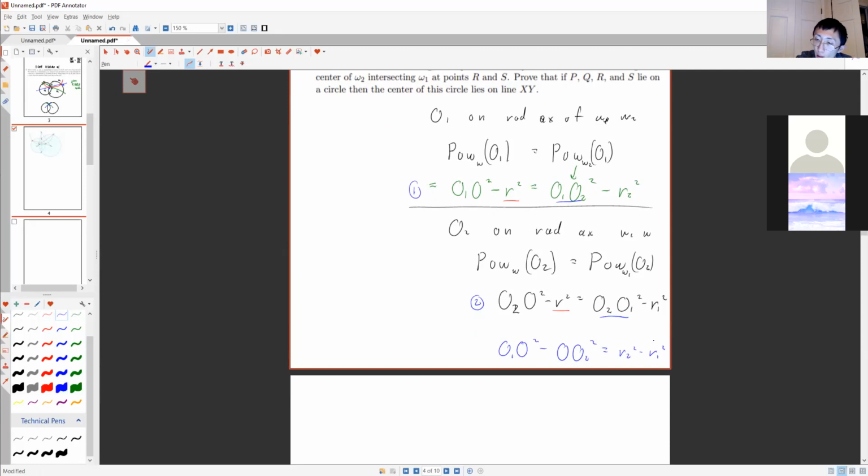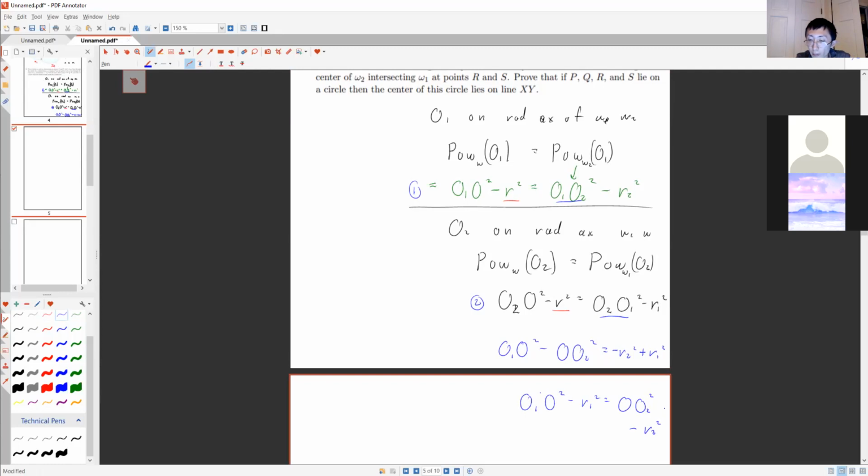This should be negative, this should be positive, right? Because I did equation 1 subtract equation 2. So let's put all the terms with 1 on one side, right? Goes O2 minus R2 squared.